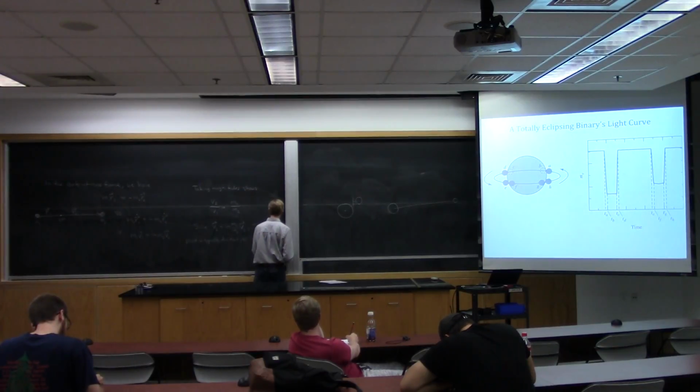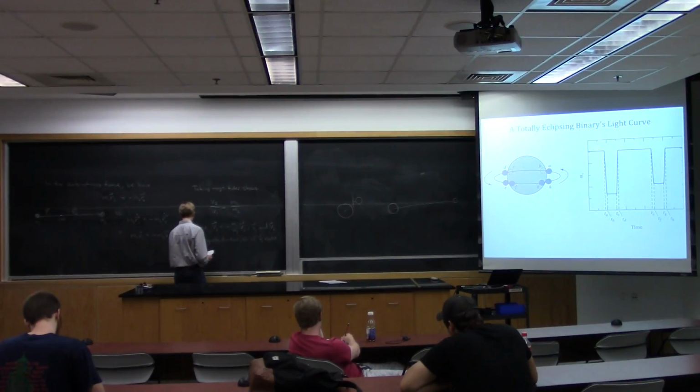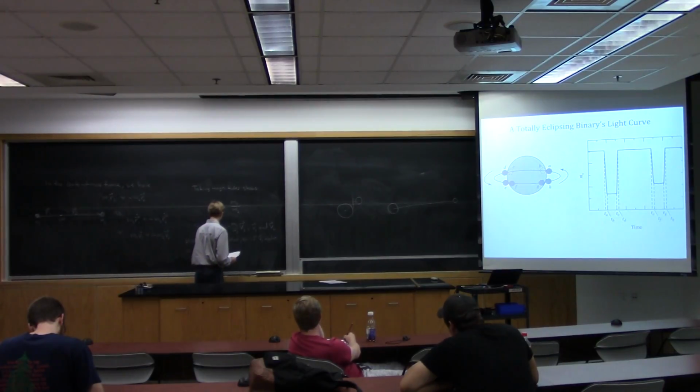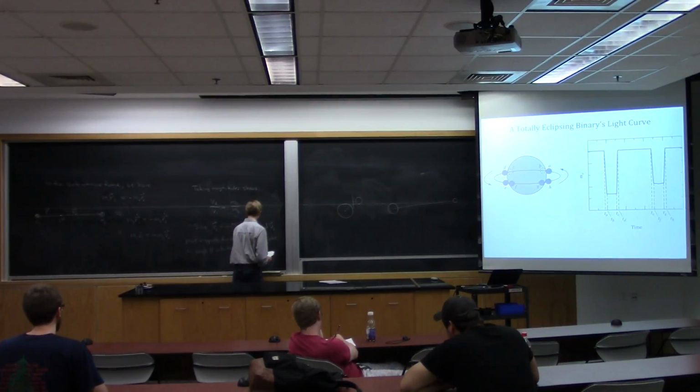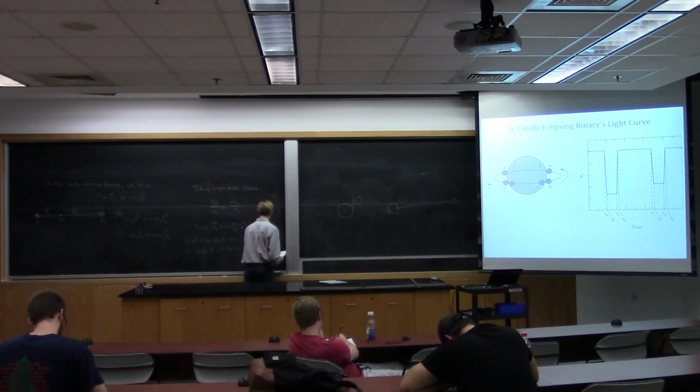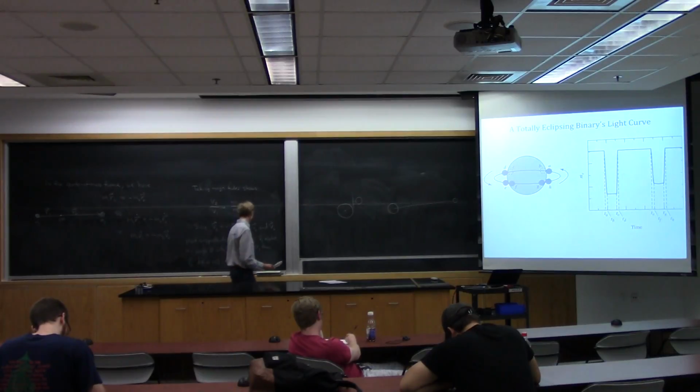So if V1 makes an angle theta with the line of sight, then V2 does as well.